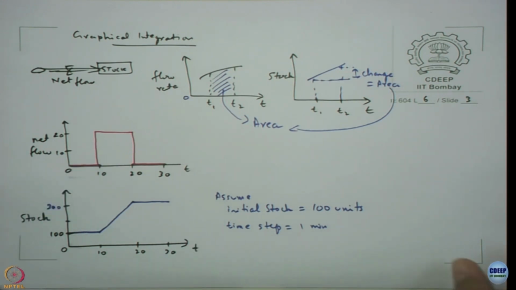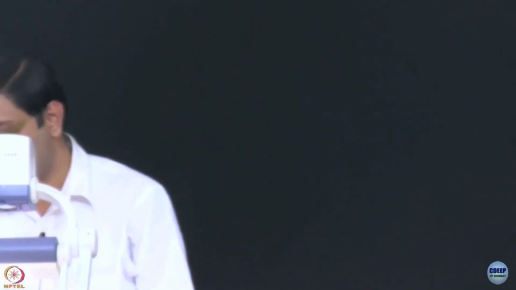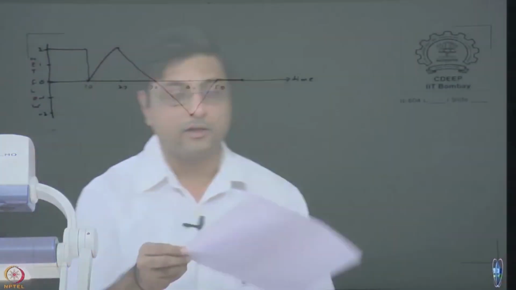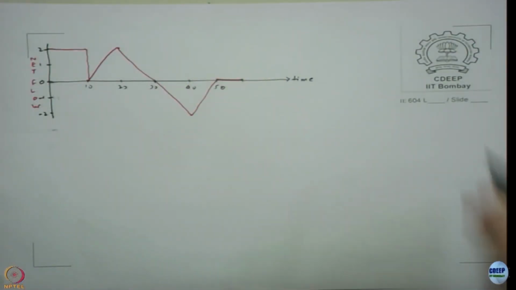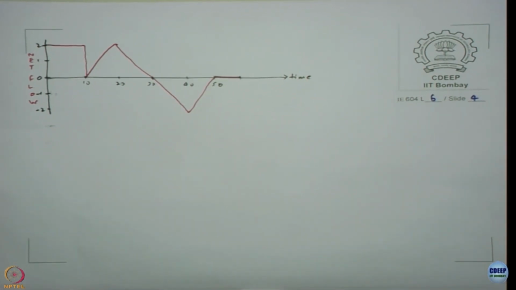Okay. So let us look at a more interesting example, for graphical integration. Same example as earlier, but assume this is your net flow now.